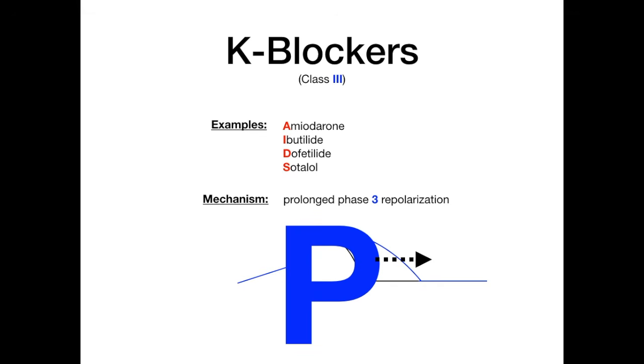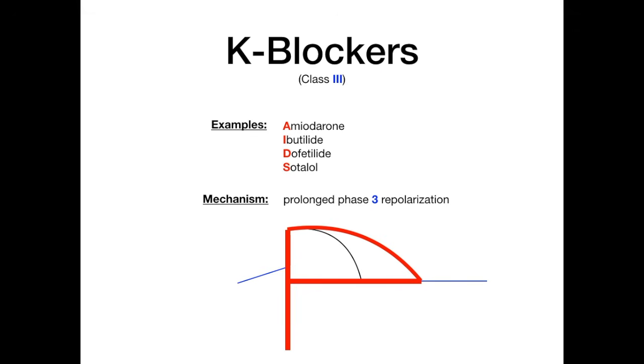It's easy to remember this because potassium channel blockers are class 3 antiarrhythmics, and the mechanism is that they prolong phase 3. So 3 and 3 line up beautifully. This has to do with the letter 3. Just to really show you what I mean, if I take out this P, but show you with red how this cardiac action potential is changing, we're prolonging phase 3 of repolarization.